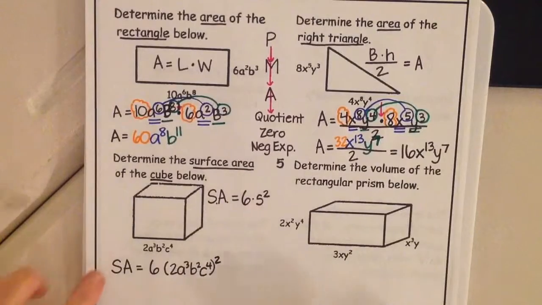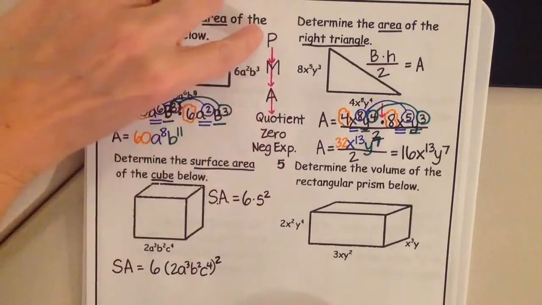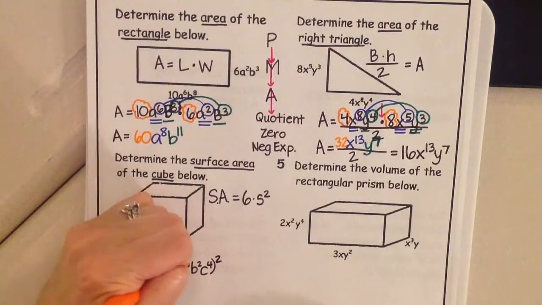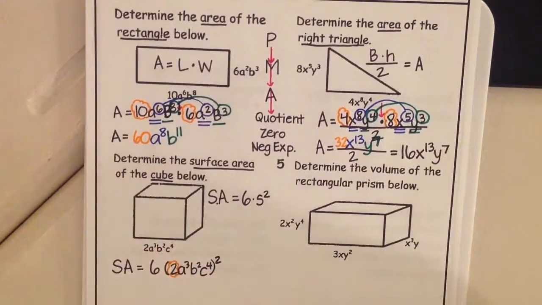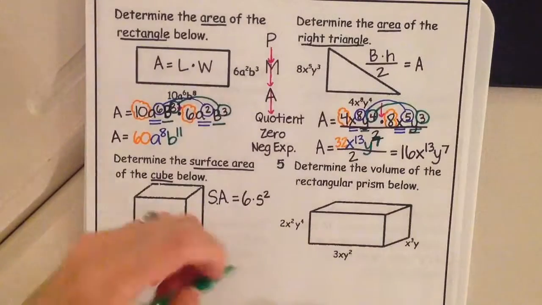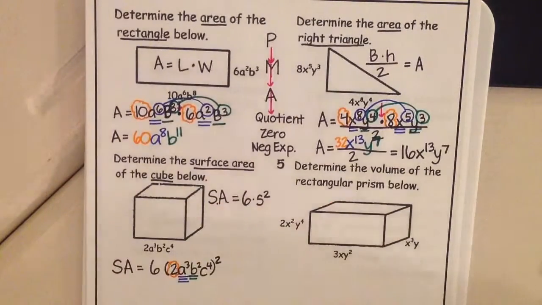All right, so again, we're going to go back through our order of operations. Power to power. I see that because I have exponents inside and outside of parentheses, so that's telling me I have to apply the power rule. Okay, so I've got a 2. I have a base of a. I have a base of b. And then I have a third base, c.